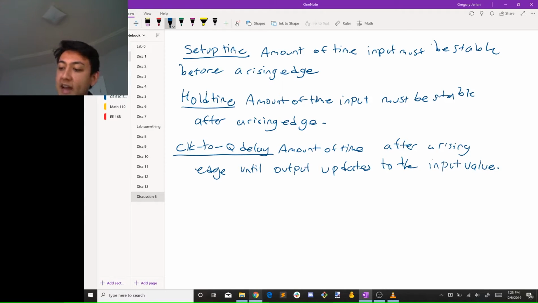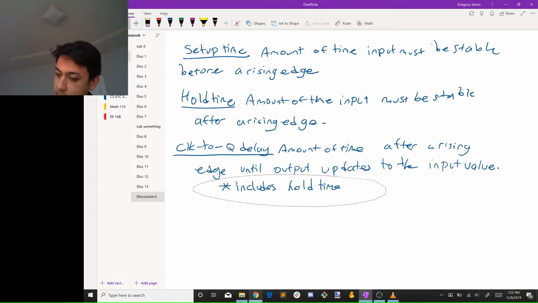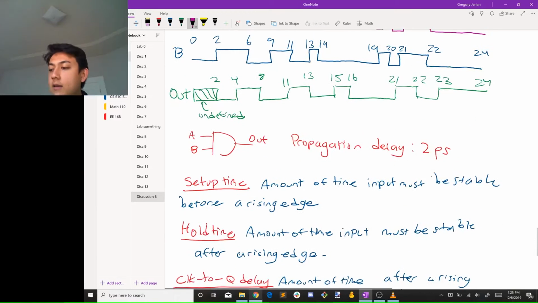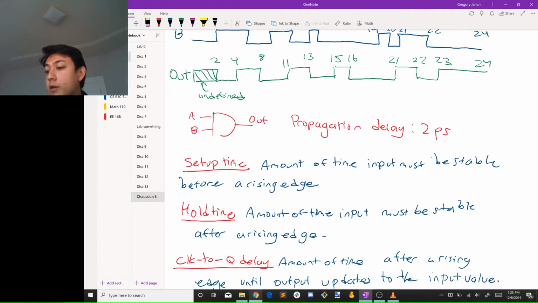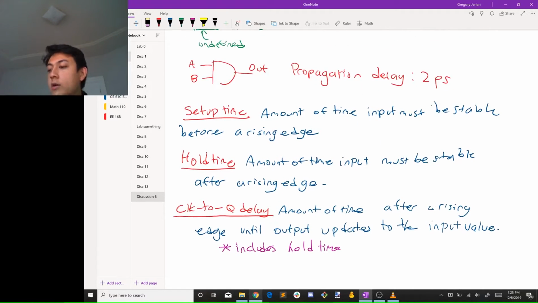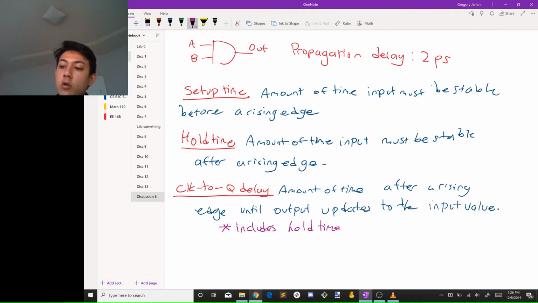And it's important to note that this actually includes the hold time. Okay. So what we've been looking at here is that the propagation delay is 2 picoseconds, so it takes 2 picoseconds to propagate. And now we're going to be looking at a delay from the rising edge of the clock.